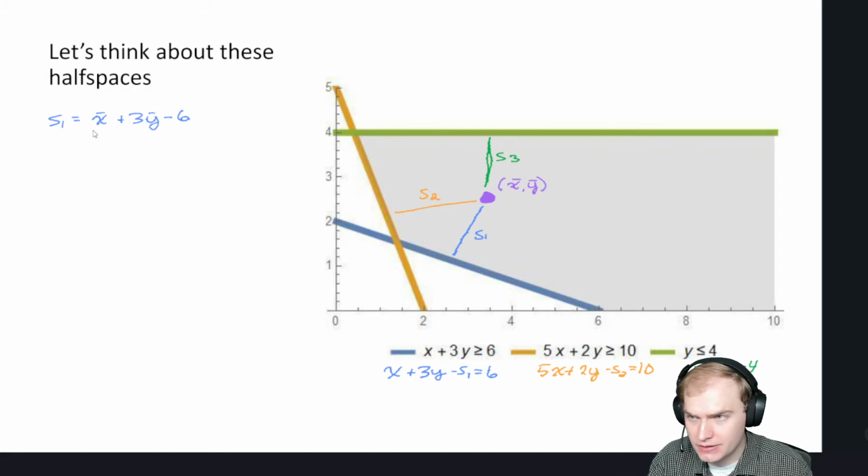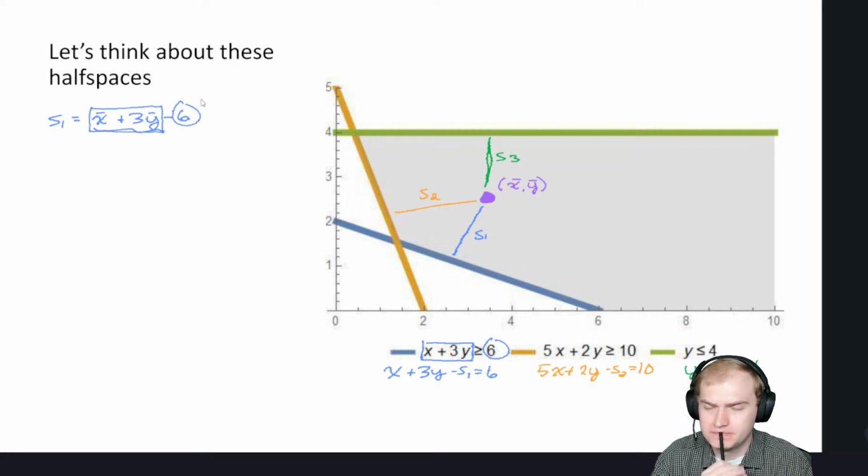So that is the left-hand side minus the right-hand side of that constraint, right? In other words, S1 is the distance, the slack, between the left-hand side and the right-hand side of our constraint.